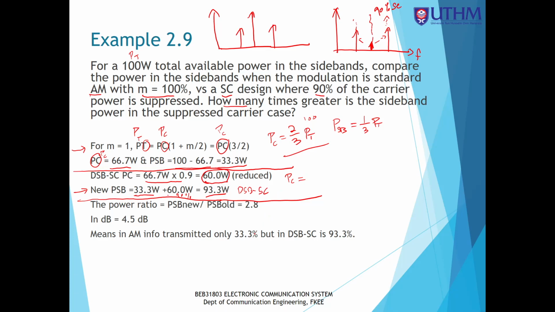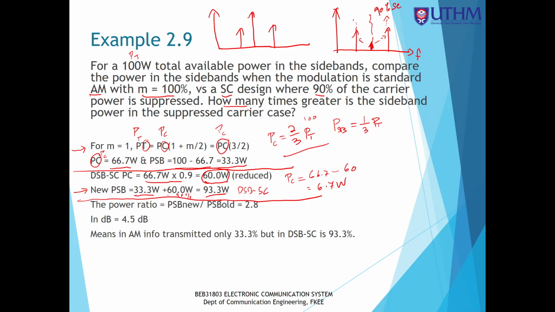So 66.7 minus 60, we get 6.7 watt only, small. So you see that now the sideband power is higher compared to the carrier power in the suppressed carrier case. So now we go to the second question.